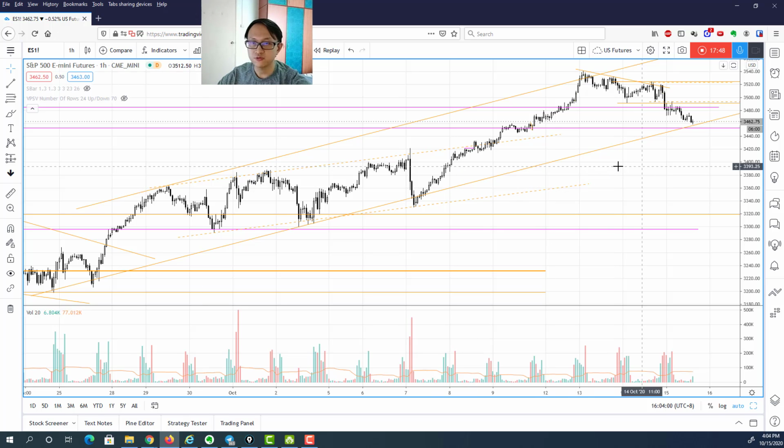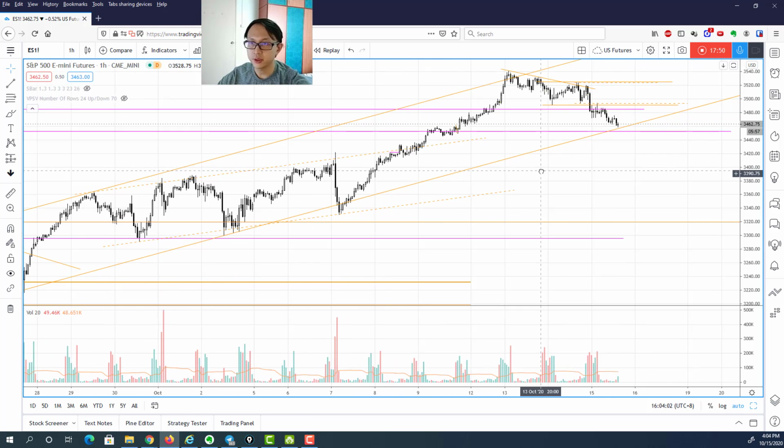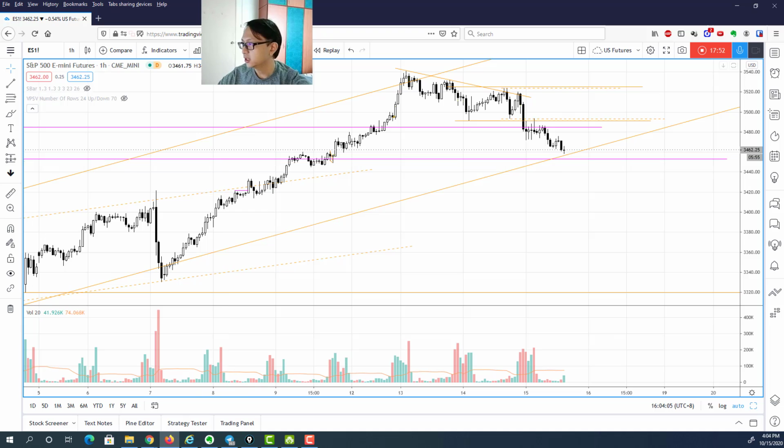So in terms of the trading plan, I always trade some kind of bounce or reversal at the key levels. So if you can just bounce somewhere around here right at the moment, then that could be a long entry. Otherwise, if we have a deeper pullback to 34.20, just look for some kind of reversal signal.